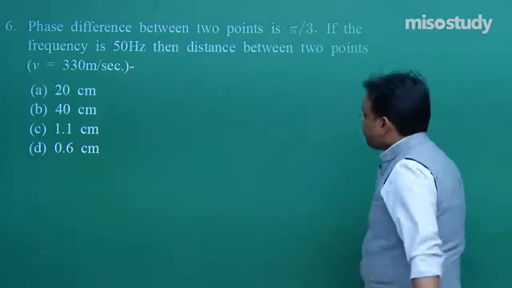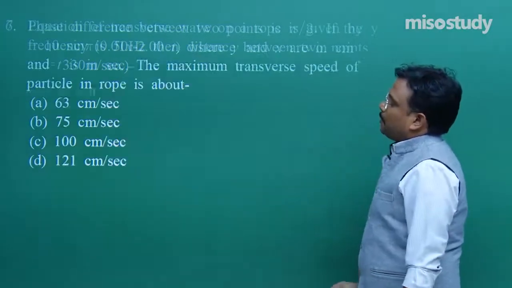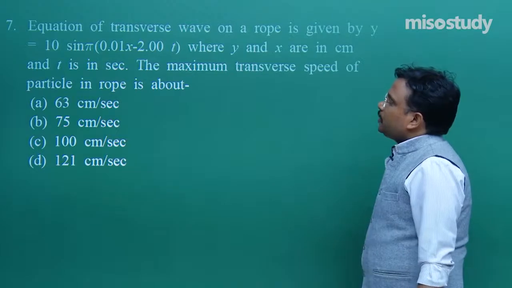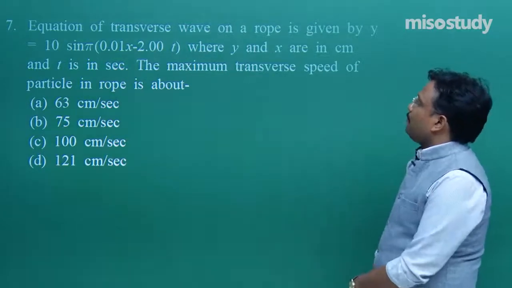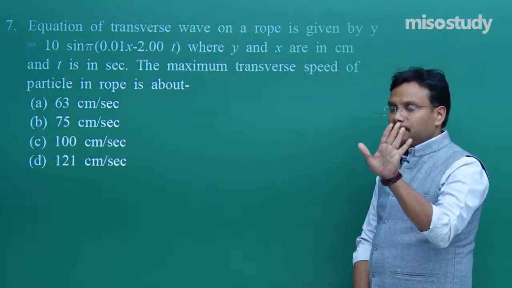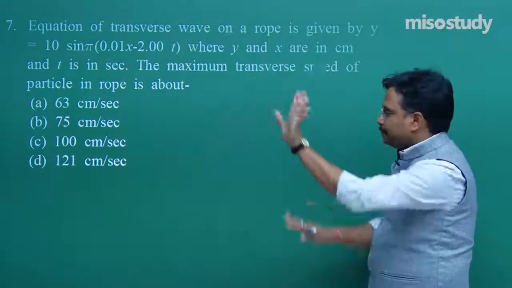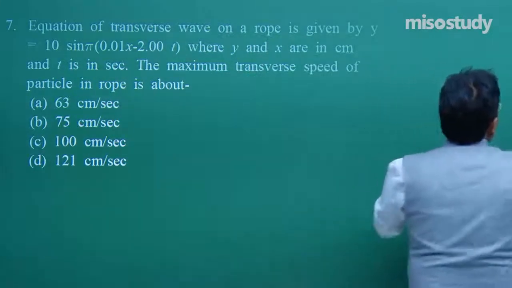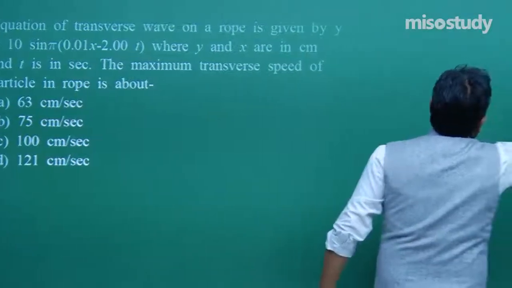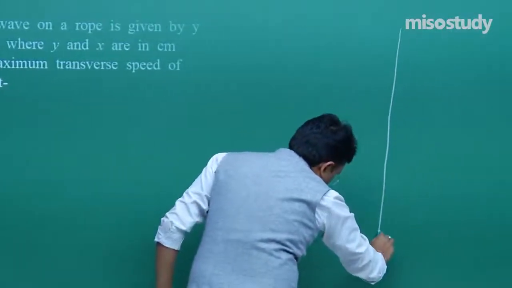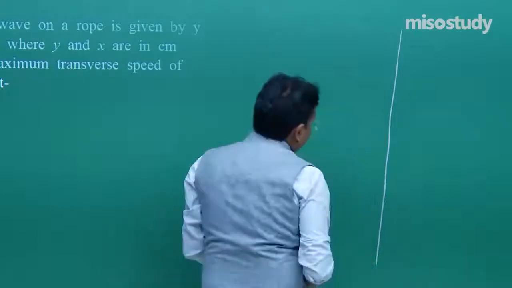Now let's move for another problem. Equation of transverse wave on a rope. Here just listen carefully. For the time being, put it aside. What exactly I want to explain you? Put aside it. Let's try to understand in this fashion.